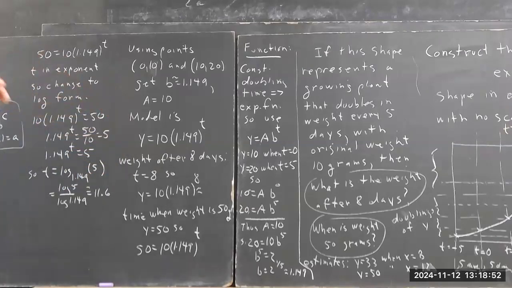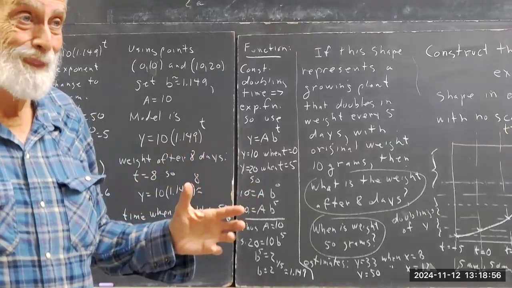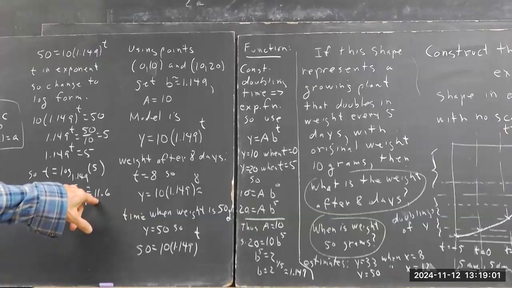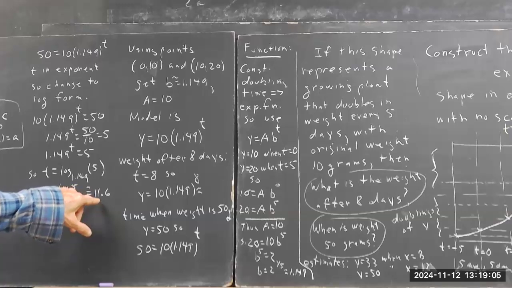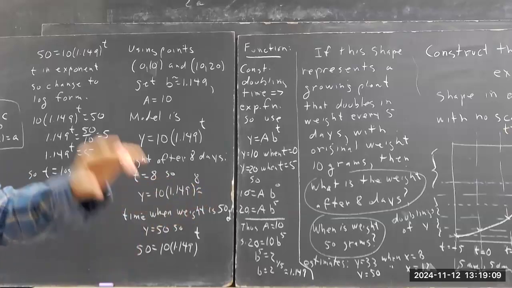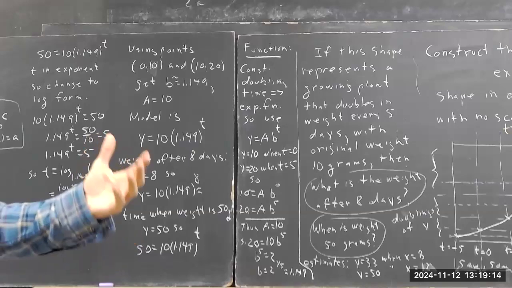And since this is a growing plant, we don't think that we can estimate it down to 4 decimal places when the plant is going to actually reach 50 grams. 11.6 is probably better. 12 or 11 is probably a good estimate. Figure on the 11th or 12th day, somewhere around there.